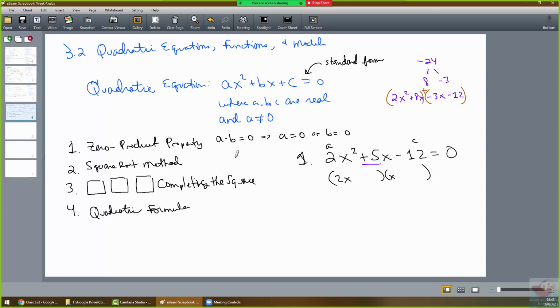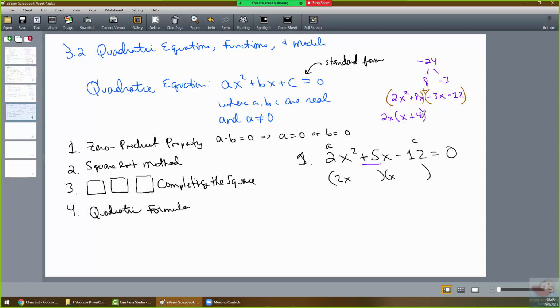What can you pull out of the first two terms, the 2x squared plus 8x? What's the greatest? 2x. Very good. And you'd be left with an x plus 4 after you factored that out.